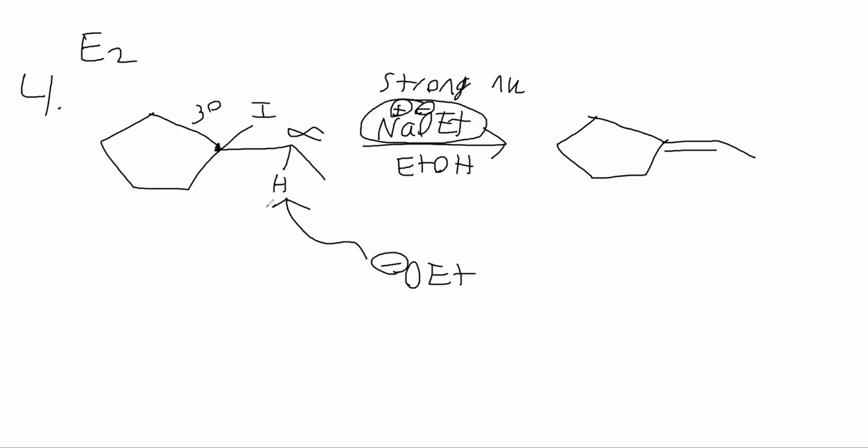If this is all that happens, the hydrogen would be bound to the oxygen here and the carbon there, and its octet would be broken. How does the double bond form?